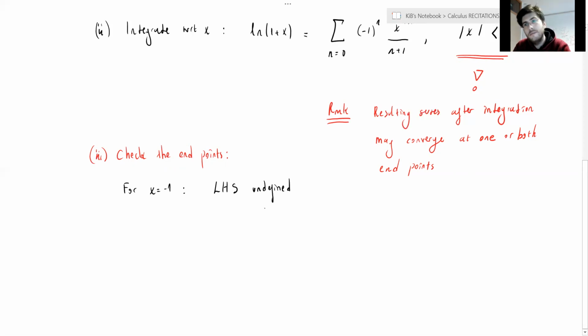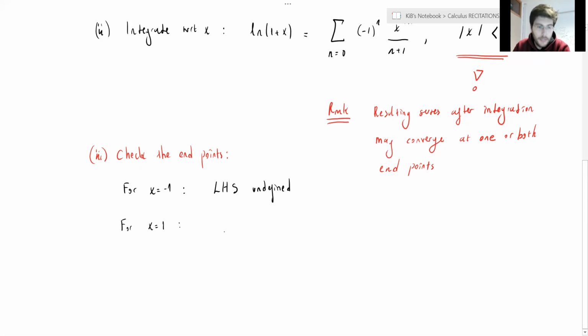It doesn't make much sense to check x equals -1: if you check the limit of ln(1 plus x) as x approaches -1, it turns out to be infinity. So it does not exist, and the left-hand point is not included. This is our conclusion.